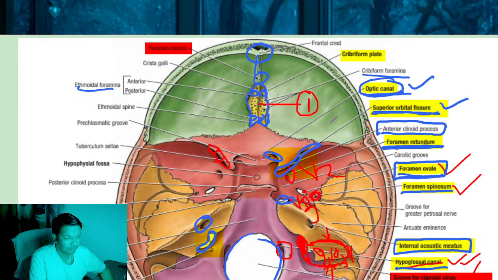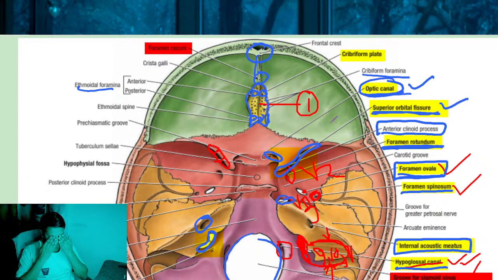We have the optic canal, superior orbital fissure, then foramen rotundum, foramen ovale, foramen spinosum, foramen lacerum, internal acoustic meatus, and then the hypoglossal canal. And we have the big foramen magnum and the jugular foramen.